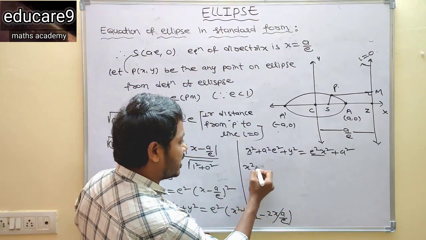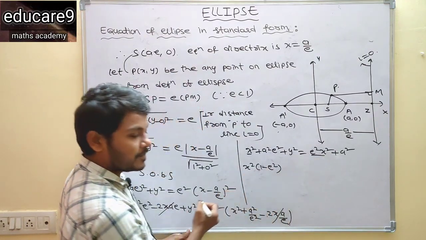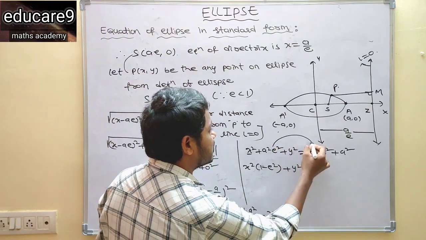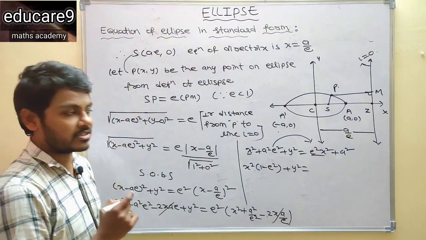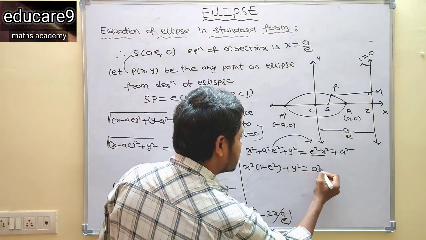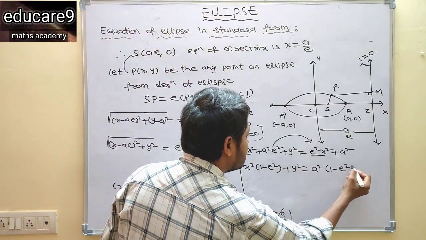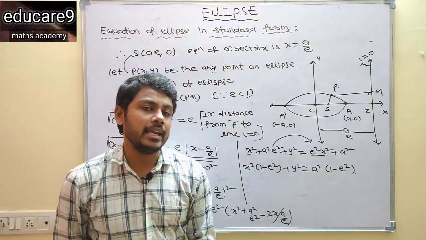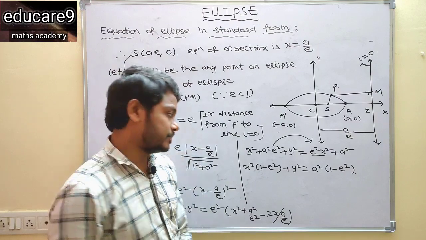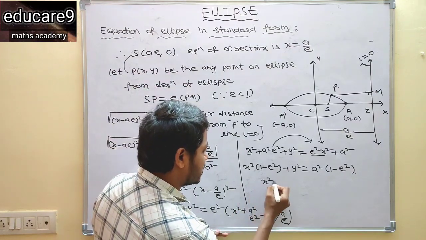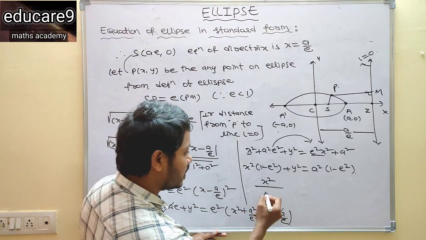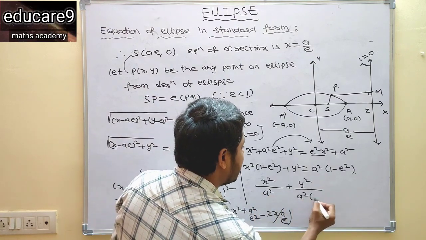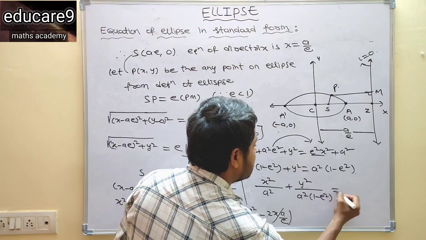What you get? x square times (1 minus e square) plus y square. Send this to the right side and take a square common: a square of (1 minus e square). Divide with a square into (1 minus e square). So what you get? x square by a square plus y square by a square into (1 minus e square) is equal to 1.